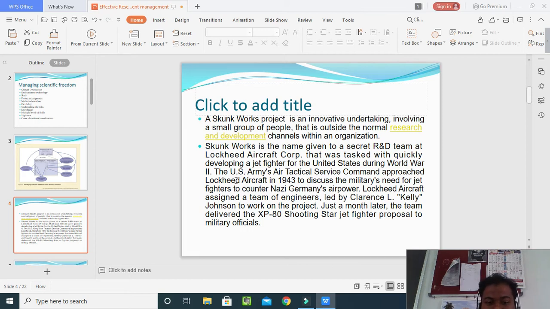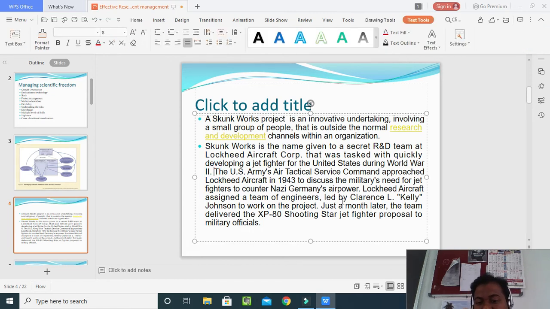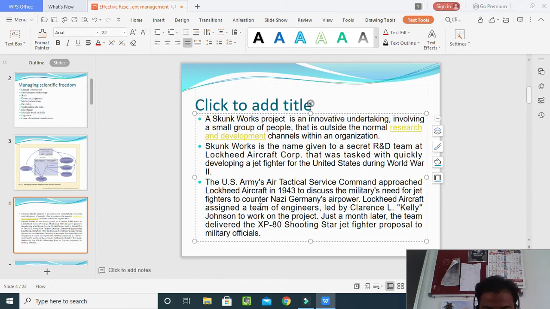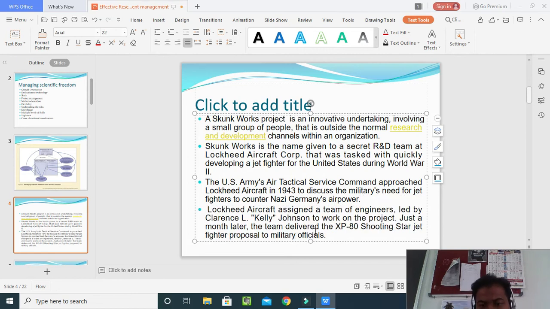Here you can see the US Army Air Tactical Service Commander approached Lockheed Aircraft in 1942 to discuss the military's need for jet fighters to counter Nazi Germany's air power. Lockheed Aircraft assigned a team of engineers led by Clarence L. Kelly Johnson to work on the project.